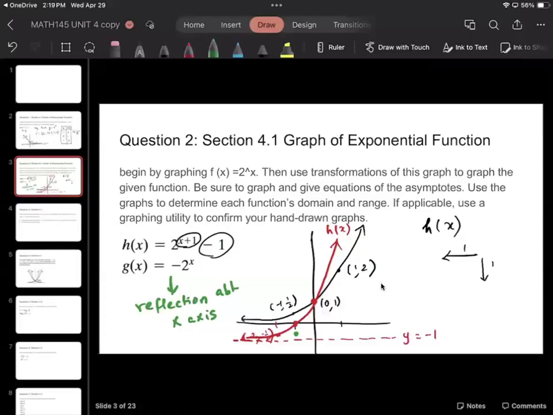Second point is 0, -1. Third point is 1, -2. So somewhere here, right? It's not to scale, but just to show you, the graph is going to go down like that. If I were to graph it properly, the graph would be going like this. Okay.